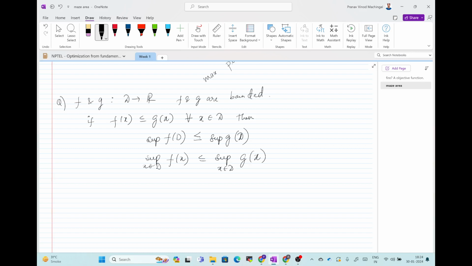So that means whatever sup is attained, f star, is greater than f of x for all x in D, right?